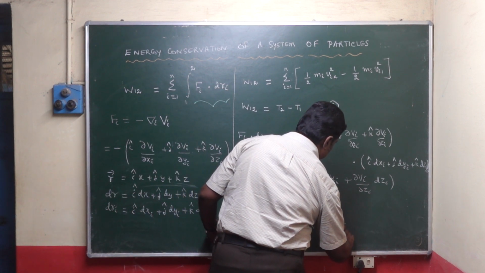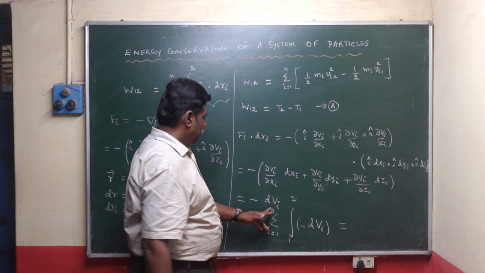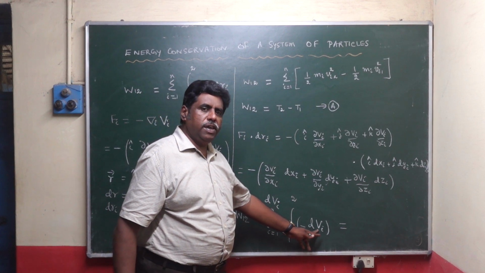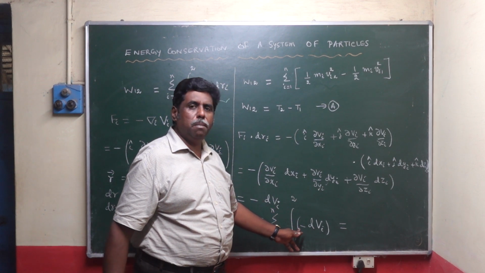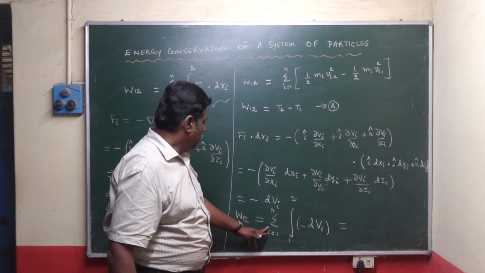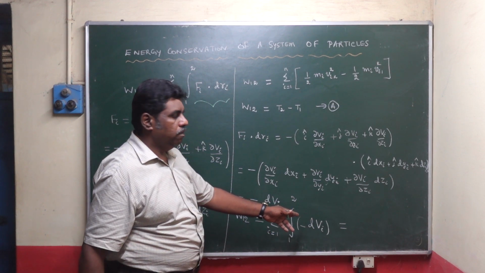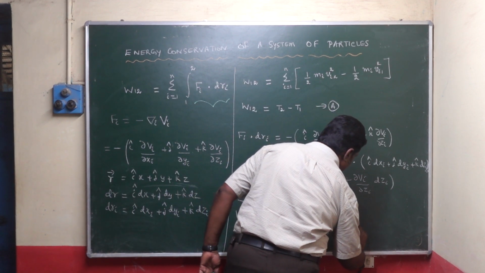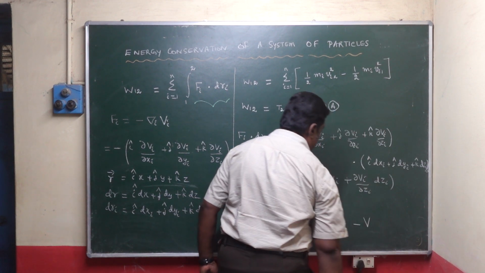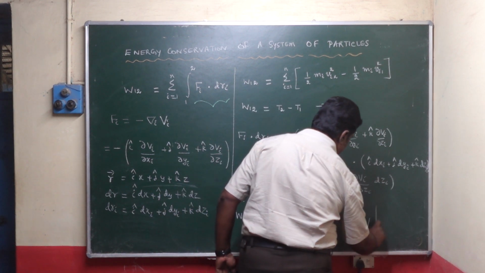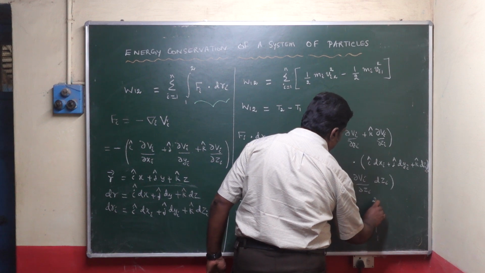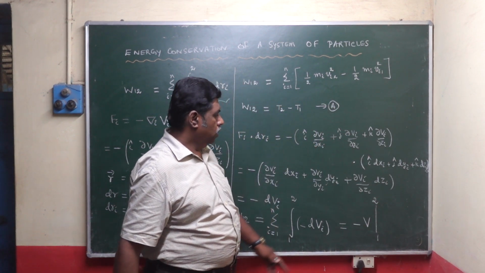This is equal to summation, integral of dVi with a negative sign is minus Vi. Here if you use the summation i = 1 to n, you get minus V for the entire system, minus V, limit varying from 1 to 2.